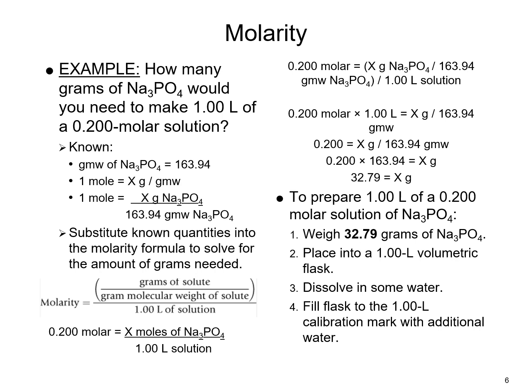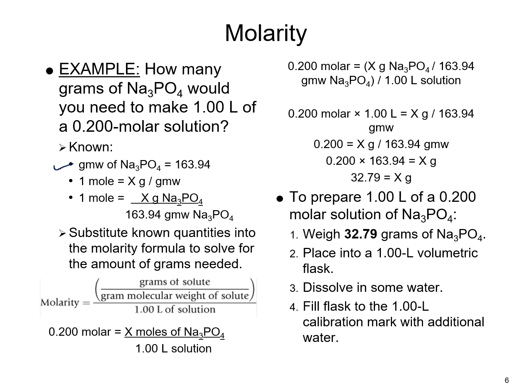So now let's use our previous calculation for our trisodium phosphate and determine exactly how many grams of it we need in order to make 1.00 liter of a 0.200 molar solution. So in this particular example, we already know our gram molecular weight.